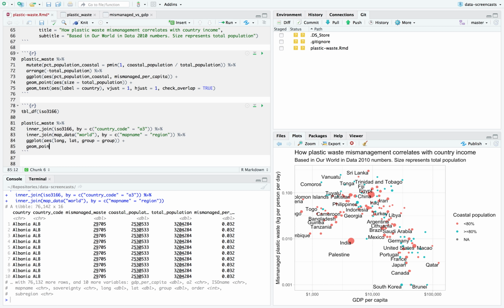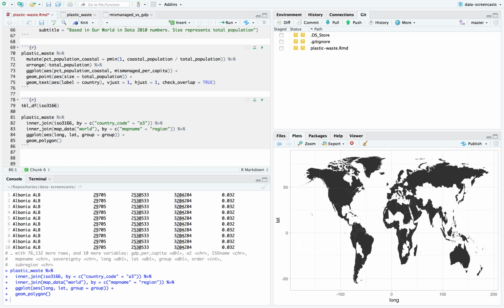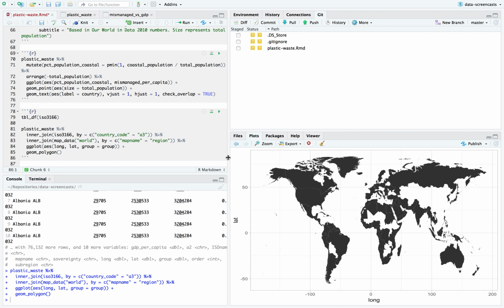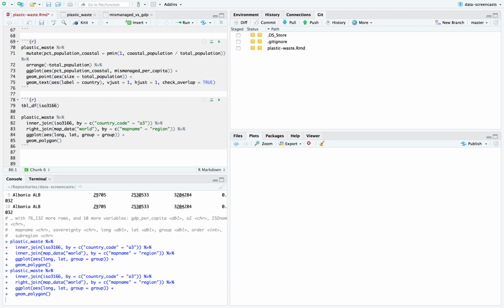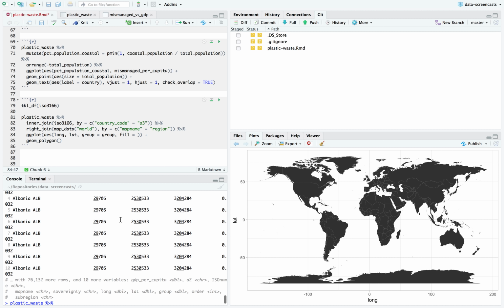I'll do a geom polygon to show the trick that I'm approaching. So this is how we should set up our graphs in the first place. One thing this makes me realize is we need to right join with the map of the world. There are some countries we seem not to have data on. We're definitely going to have to take a closer look at some of those. But now we can throw in a fill equals whatever our metric is.